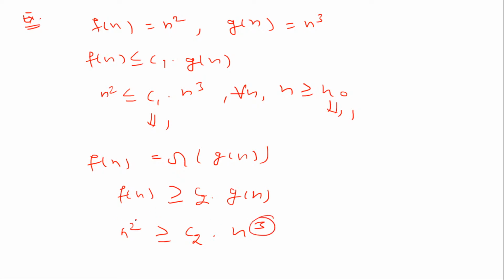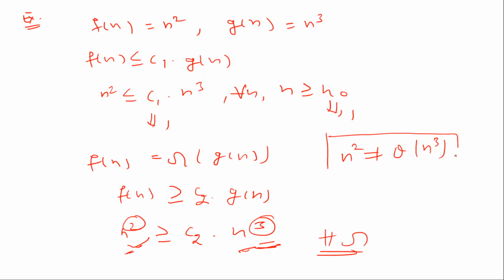This power is greater than this power, so the right-hand side is always greater. So we cannot prove that the LHS would be greater. That's why it doesn't follow the condition of omega. That's why it is not theta notation. That's why n square is not theta of n cube. Right? So these are all the concepts of notations: theta, big O and small, omega.